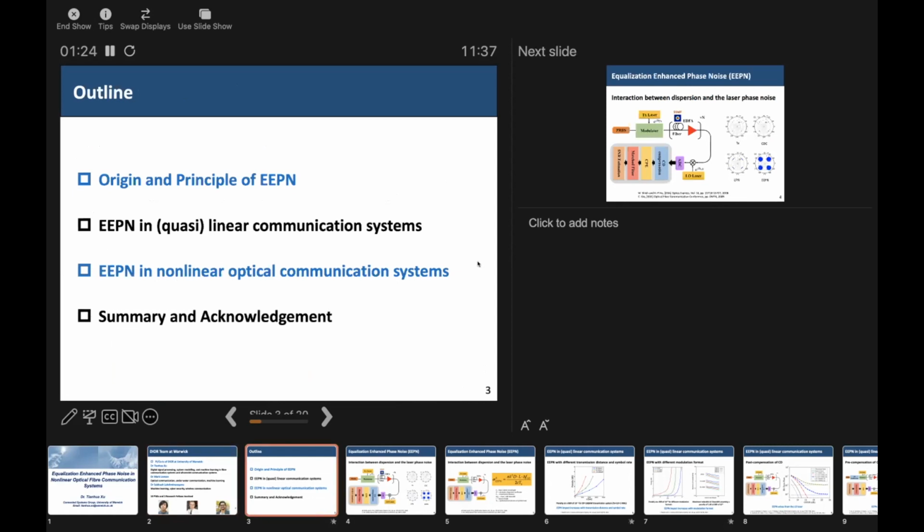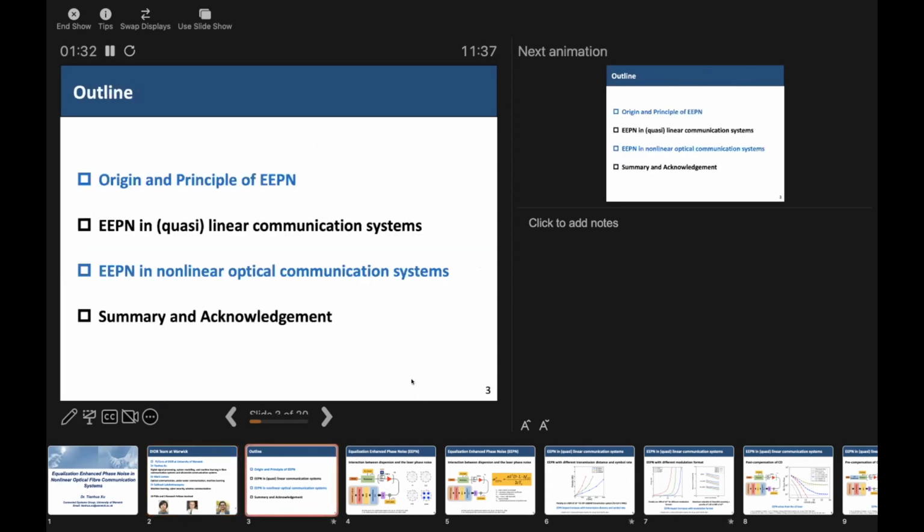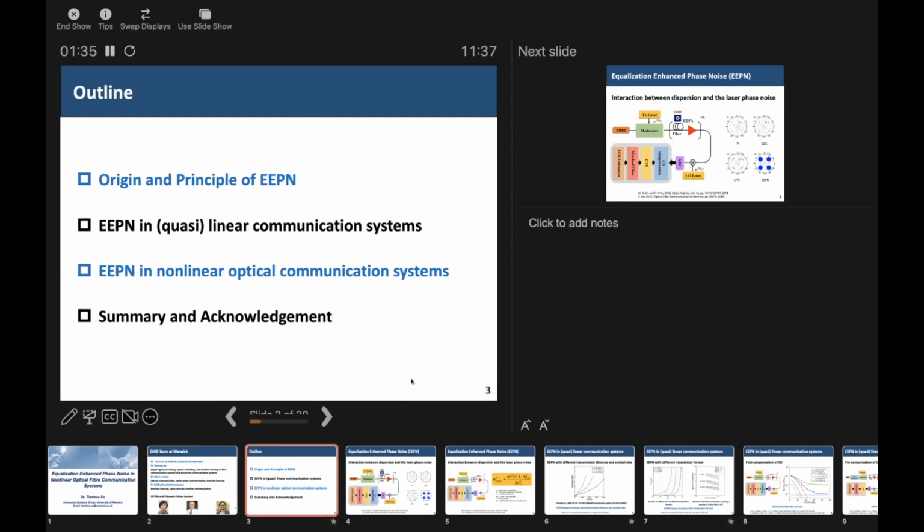For this work, I'm going to introduce the concept, the origin and the principle of the equalization enhanced phase noise, and what has been discussed and investigated for previous linear communication systems where fiber nonlinearity has not been considered, and also what our current work is about equalization enhanced phase noise in practical nonlinear long-haul optical communication systems.